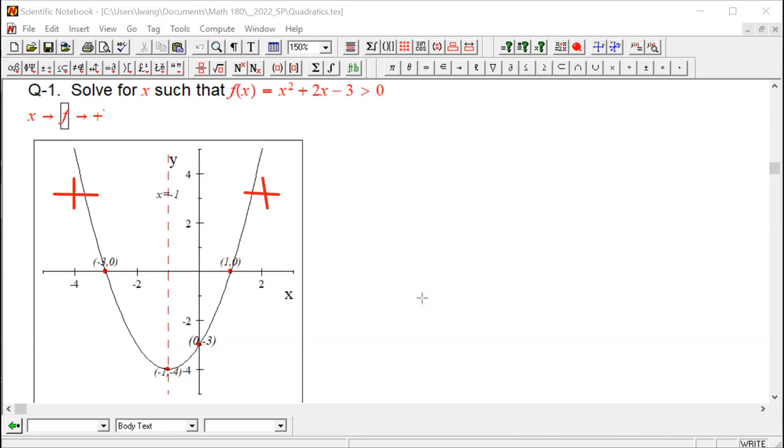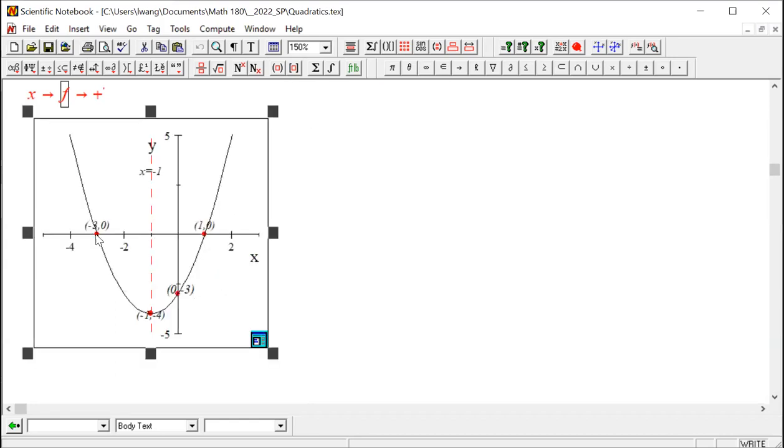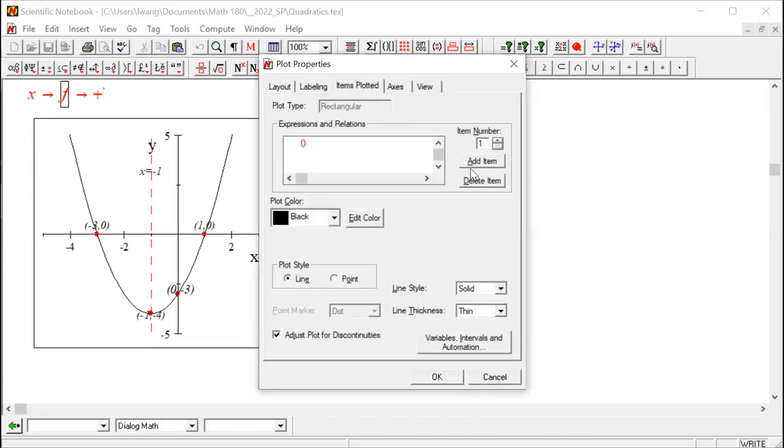We want positive. Therefore, in this case, we're going to mark 2 circles on these 2 dots. You know what 2 circles means, right? They're not included.